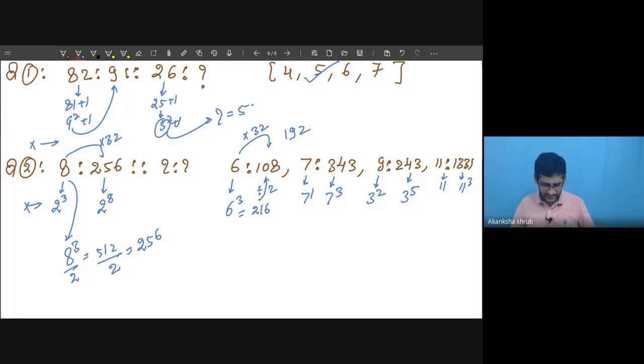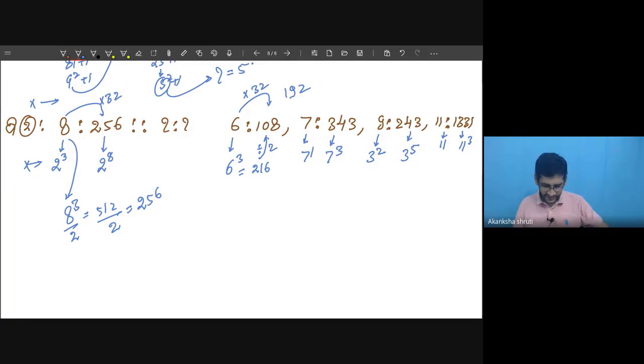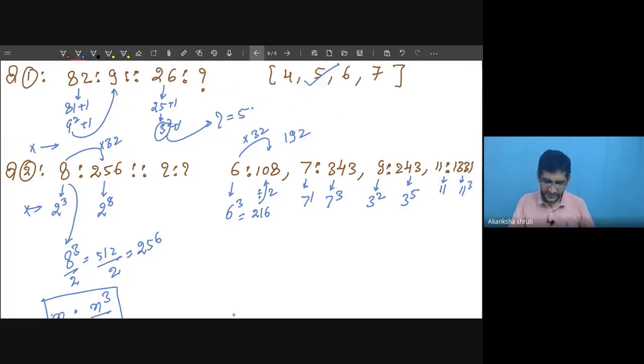It means the rule is like this: whatever n you are taking, you have to take its cube first, then divide it by 2. So this was the complex relation I was saying. See?